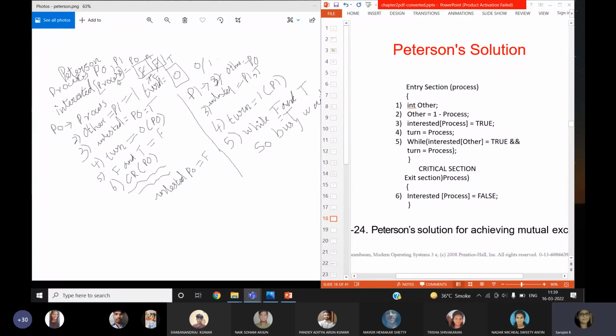It is an array variable. Now this index can be 0 or 1 depending on which process is trying to use the critical section, that means which process is currently executing the program. 0 denotes process 0, 1 denotes process 1. Initially, we assume that interested process is a Boolean variable. So interested process for process 0 is false and for process 1 is also false.